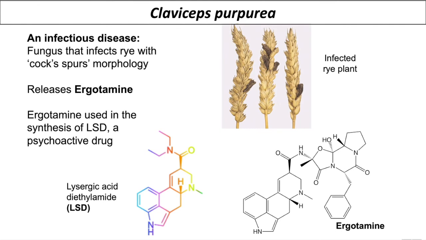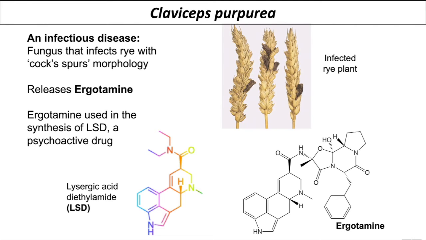Okay, it turns out that ergotism is related to an organism called Claviceps purpurea. It's a fungus, and it infects rye, which was a common food staple in Europe in the 1500s. When it infects rye, you can actually see the fungal growth.